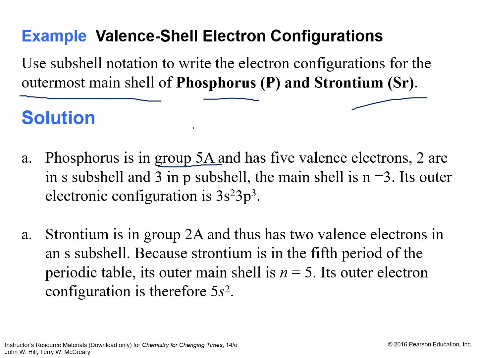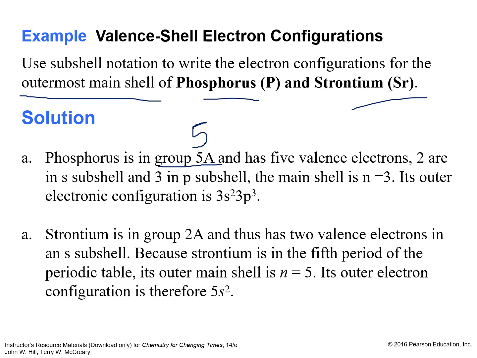That means it will have 5 valence shell electrons, and then you will look at what row it is in. So it is in the third period, so its electronic configuration will be 3s2 3p3.